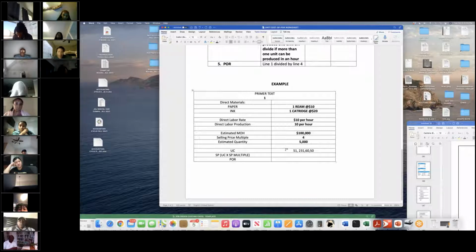Starch Hill, what did you get? Tara, what did you get? 51. Dominique, what did you get? 51. So we appear to be moving to some consistency on 51. But look at this range from 50 to 231.